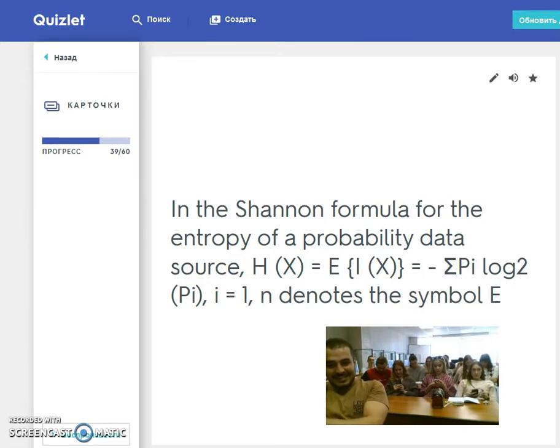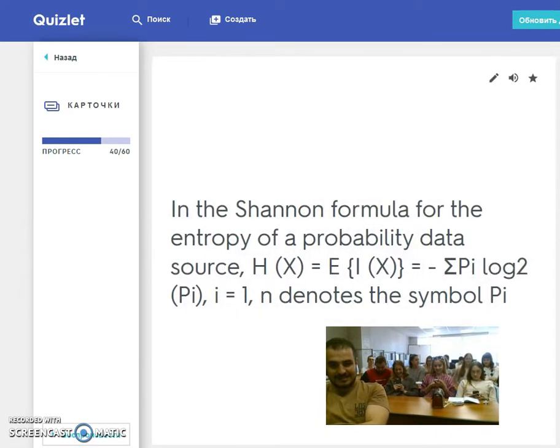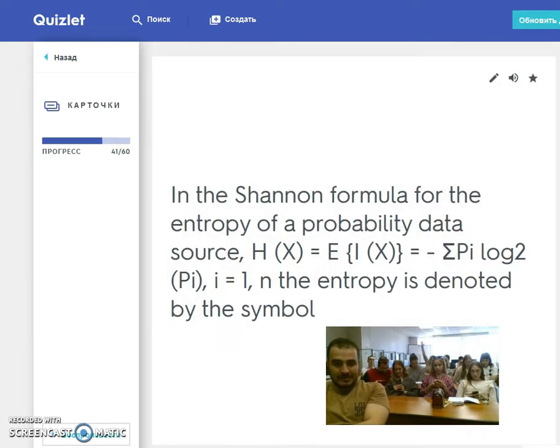The symbol E? The symbol Pi? The probabilities of the values of the random variable X.